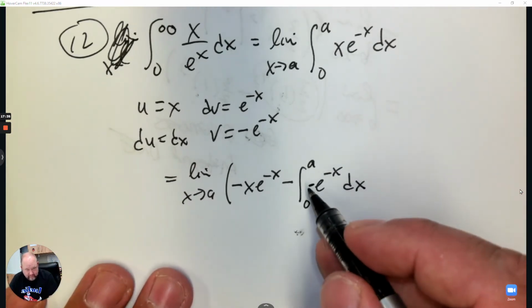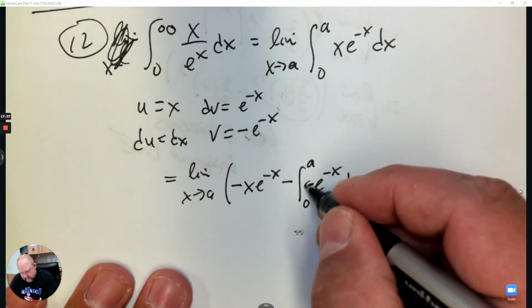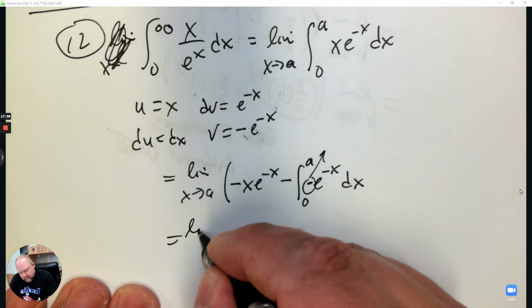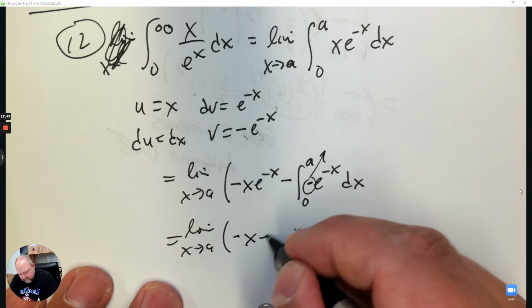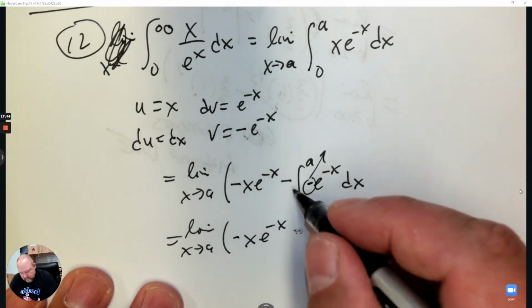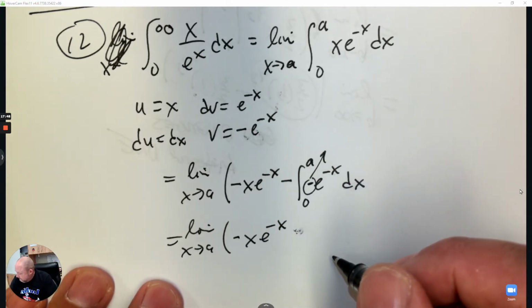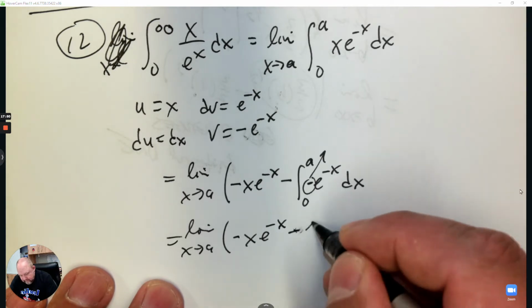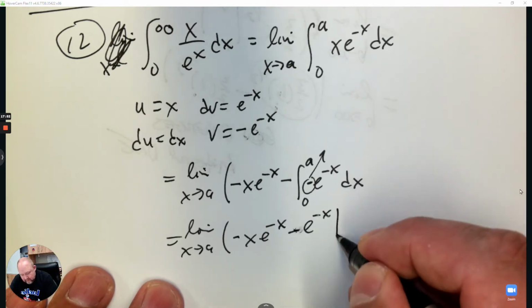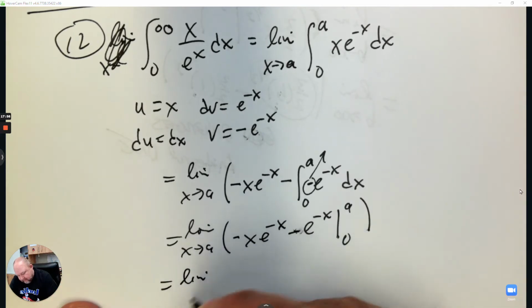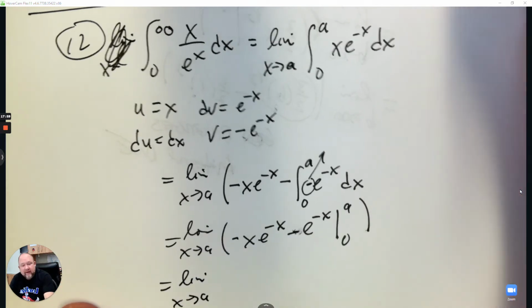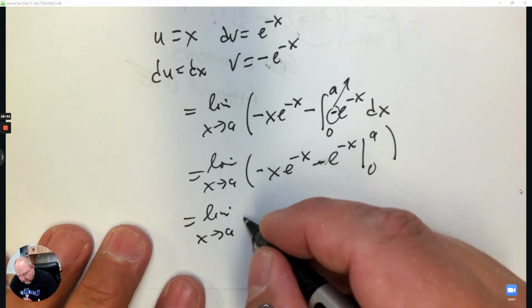So the hook that we need is there. So we have the limit as x approaches a, negative x, e to the negative x. This is going to be negative e to the negative x because you're copying it, and it goes from 0 to a. Keep writing the limit notation. We're going to write this calculus friendly so you can see it.